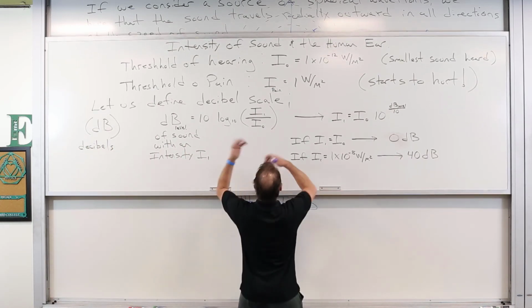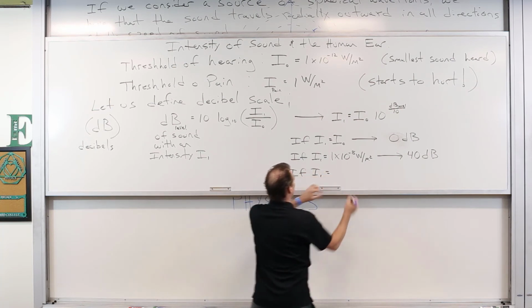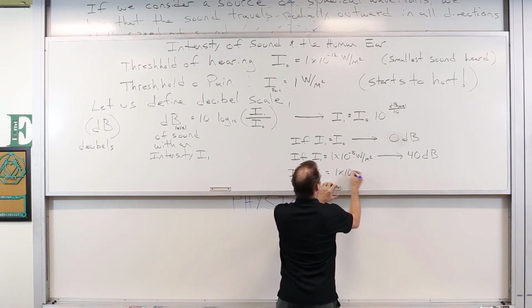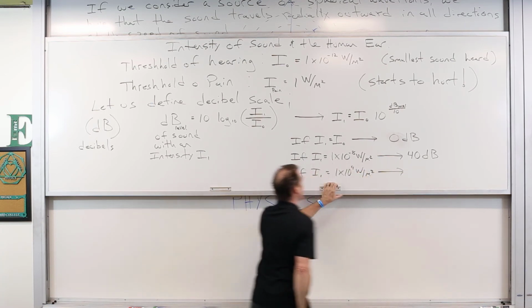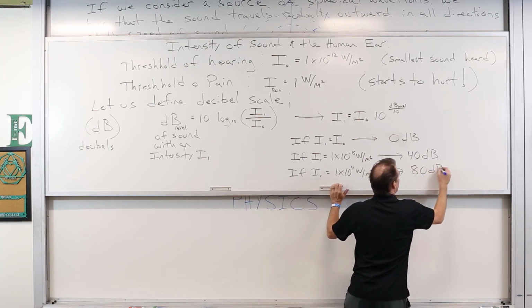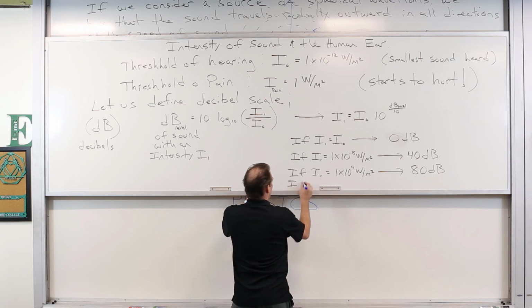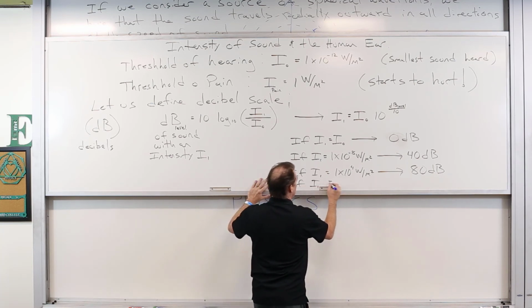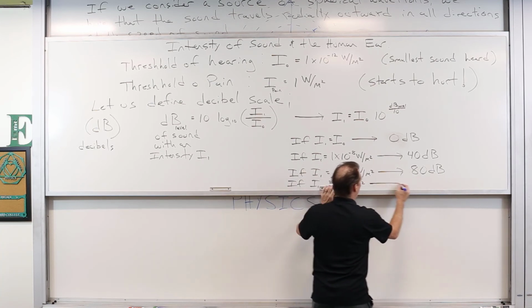And we can keep going up here. We can say, oh, what if I1 is something else? What if I1 is equal to 1 times 10 to the 4th watts per meter squared? What does that correlate decibel level wise? Well, that's going to be 80 decibels. And we'll do one more. What if I1 is equal to 1 watt per meter squared?